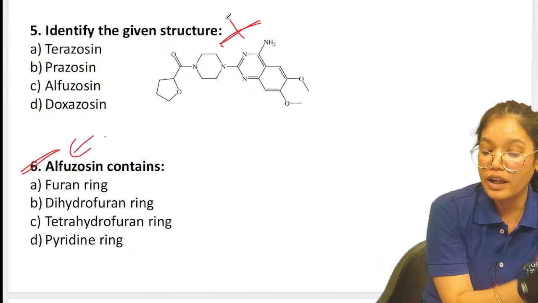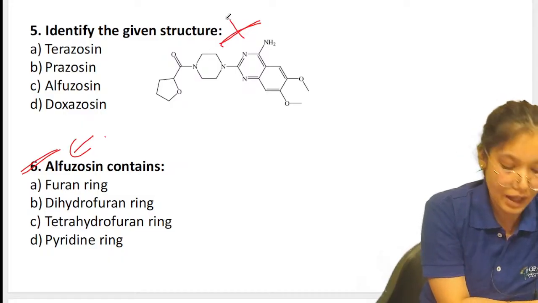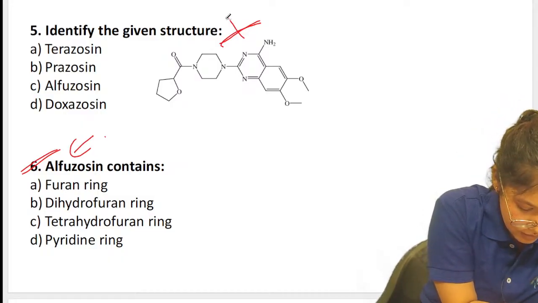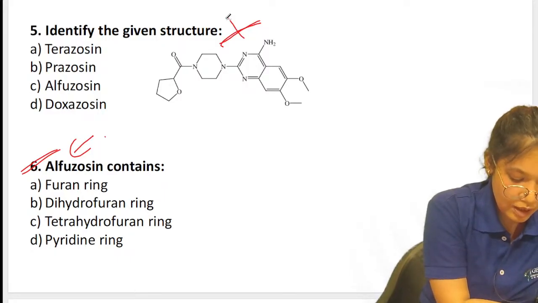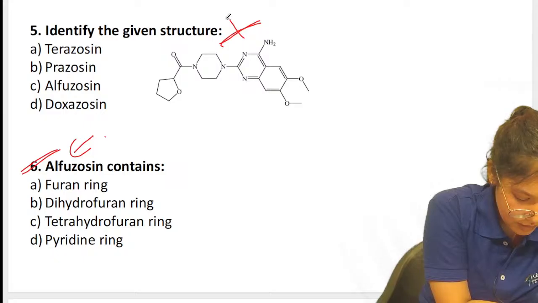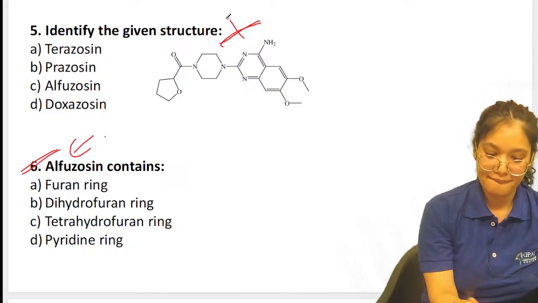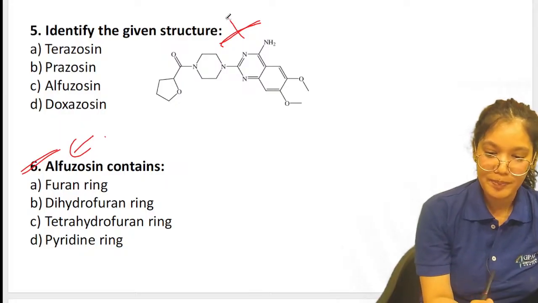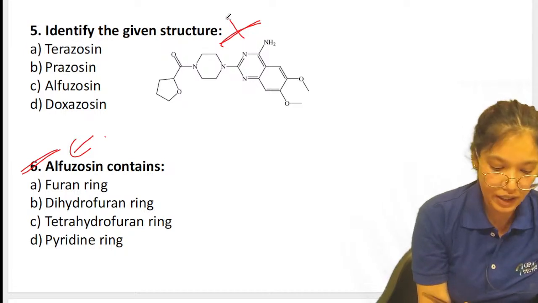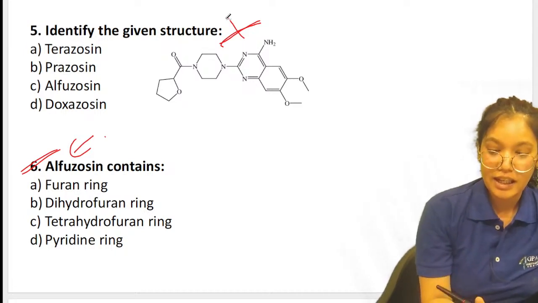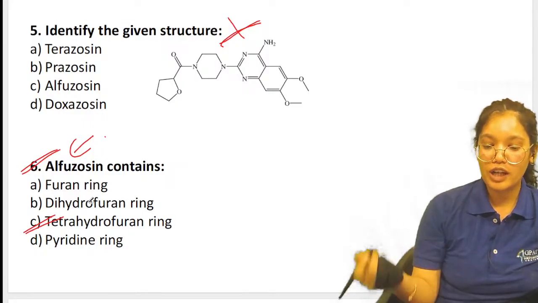Which ring does it have? Come on guys, participate. Alfuzosin contains which ring? Yes, you are right. It contains the tetrahydrofuran ring.